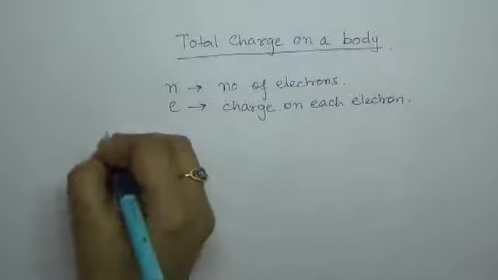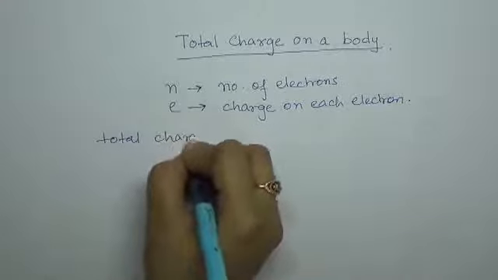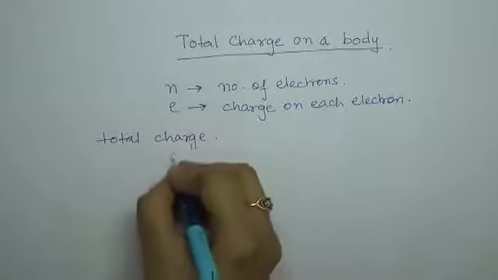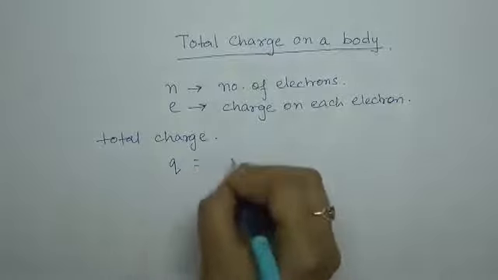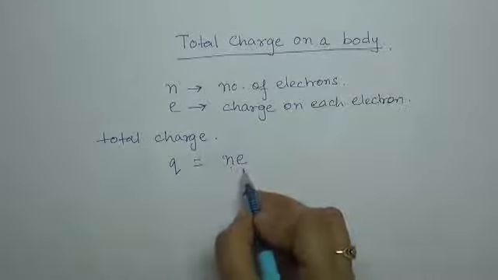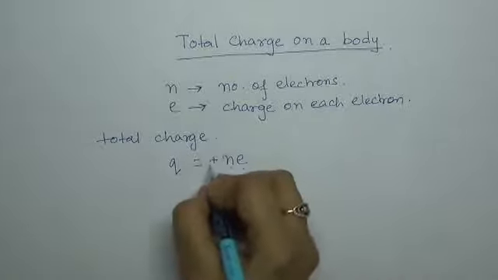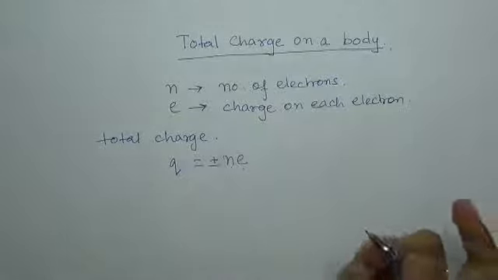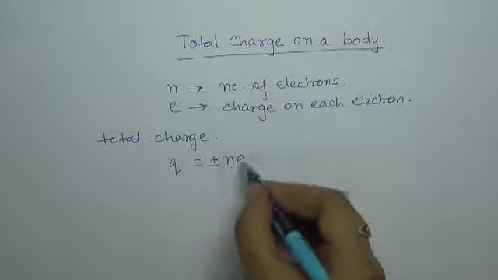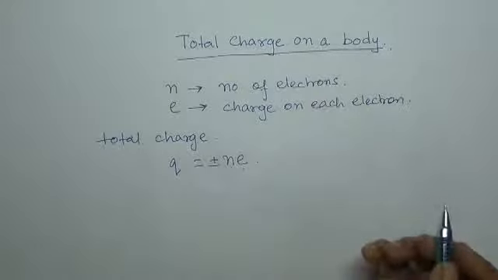Therefore, total charge, which we denote by the symbol Q, will be equal to n times e, the number of electrons times the charge on each electron. It will be plus or minus ne: if it is positively charged then plus ne, if it is negatively charged then minus ne.